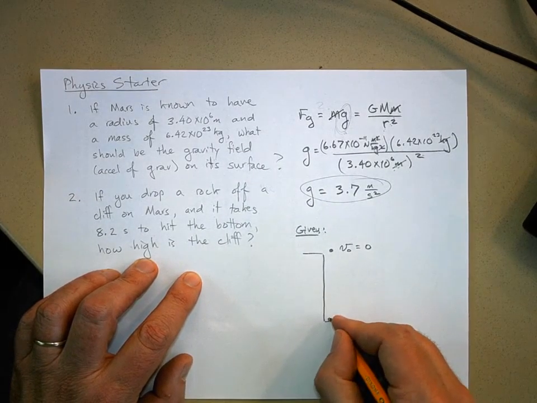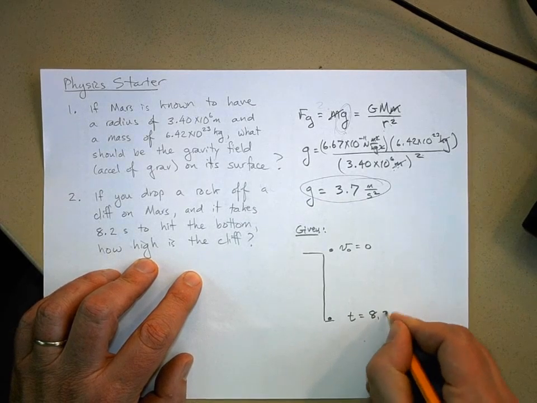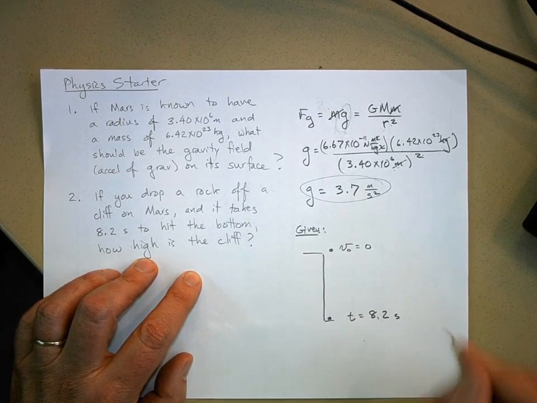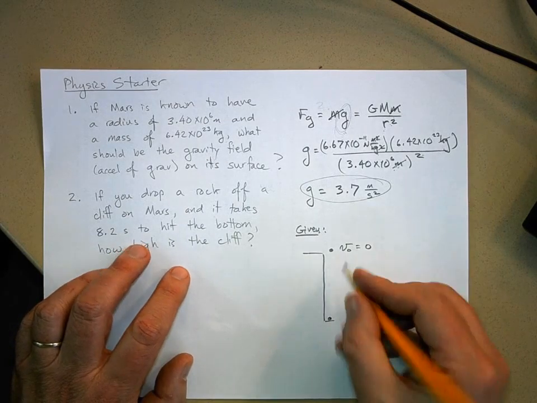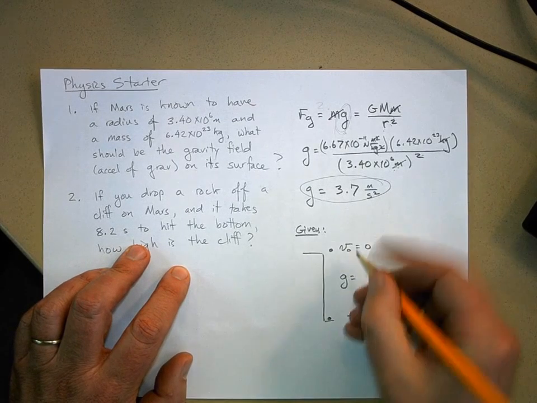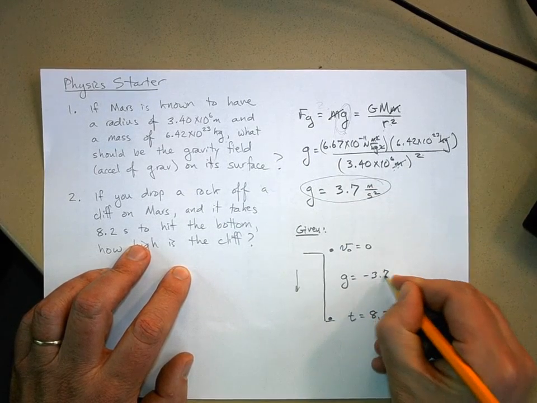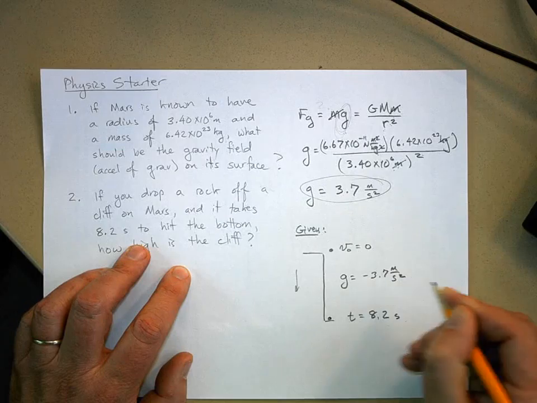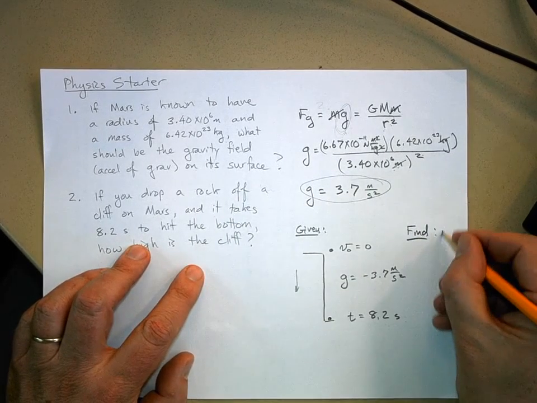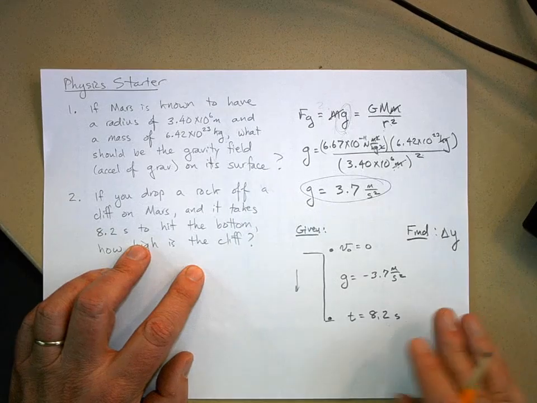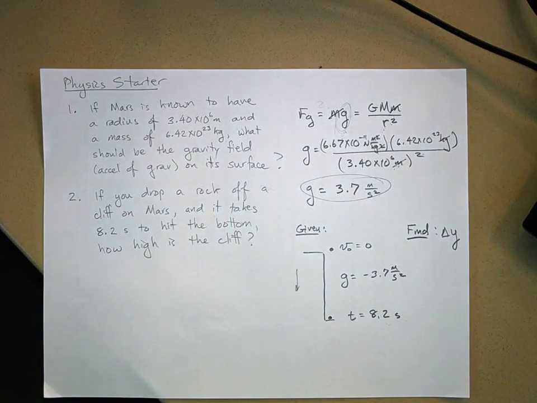At the very bottom right here, we say that time is equal to 8.2 seconds. And we know that g is equal to, let's say down is negative, so that's actually negative 3.7 meters per second squared. And what are we trying to find? Well, we'll call it delta y for now. That'll give us a negative answer, but we know what we mean, how high the cliff is.